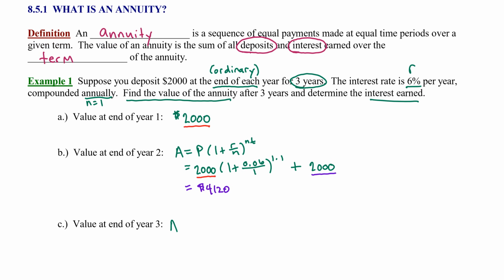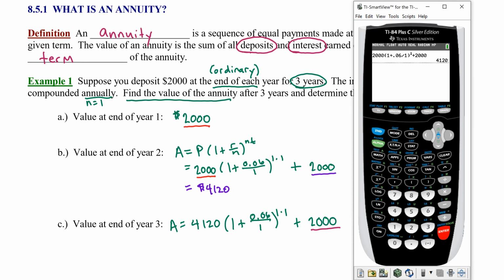So for year 3 now, we're going to take our $4,120 and we're going to treat it as a compound interest investment, 6% compounded once per year. And remember, we're calculating this year by year. And then we're going to add our third year deposit. So this calculation will take us to the final value in our account at the end of year 3. So 4,120.